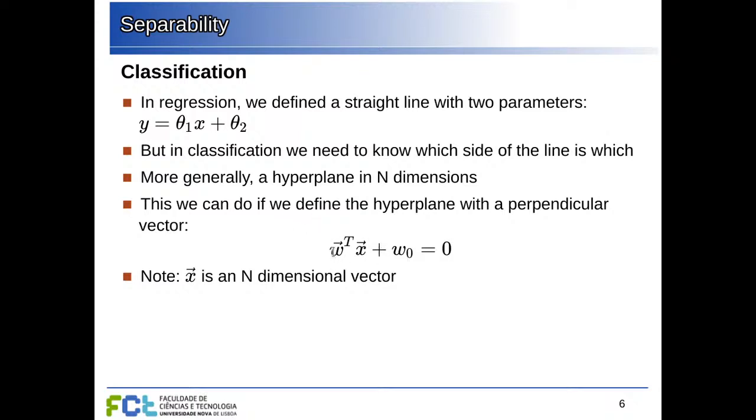Basically, if the feature vector is more in the same direction as the parameters vector, this inner product will be positive. If they tend to oppose each other, the inner product will be negative. So this gives us the definition of a separation between the two classes that is positive on one side and negative on the other.